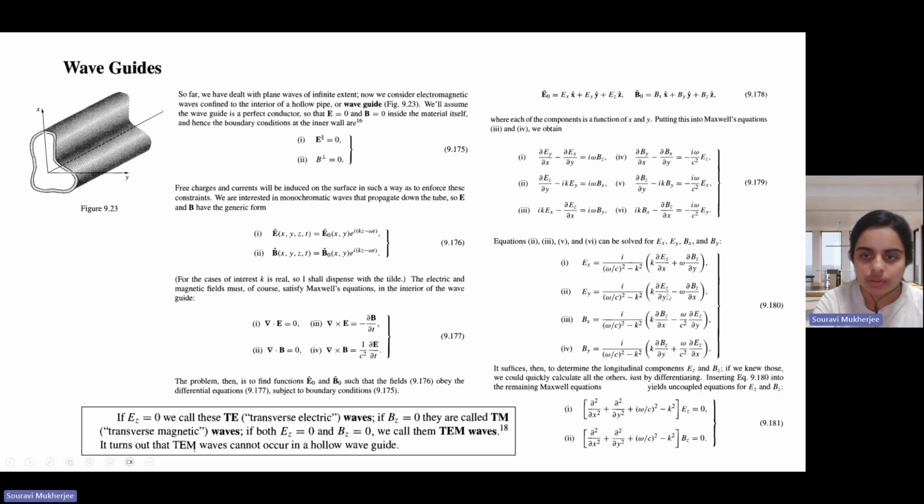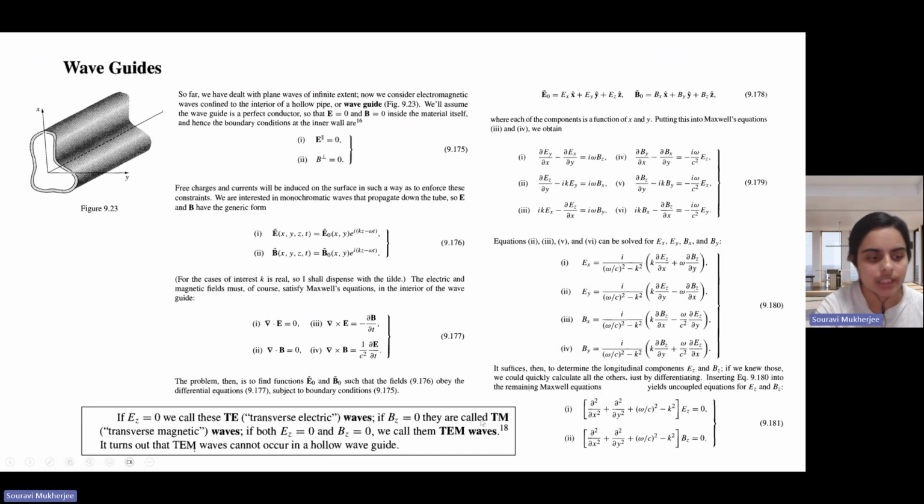Okay. So depending on whether your Ez or Bz is 0, you will get some expression of Ex, Ey, Bx, By, which depends on these Z components of electric and magnetic fields. And from here, you can try to decouple by using this in the remaining two Maxwell's relations.